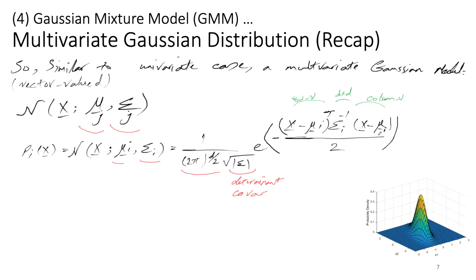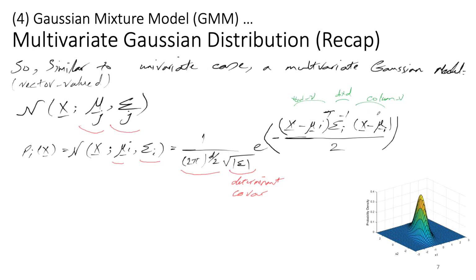So the first one is a row vector, this one. The subtraction of each of your x's minus mu. The second one is your covariance matrix. So suppose this is in D, so the size was D. The covariance matrix has the size D multiplied by D. And the last one is a column vector, right?